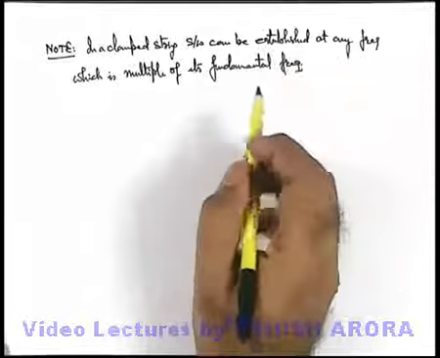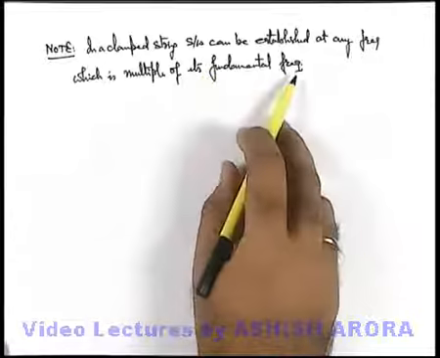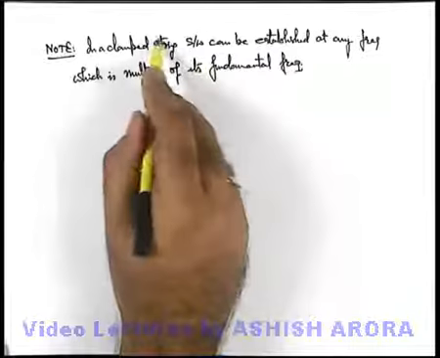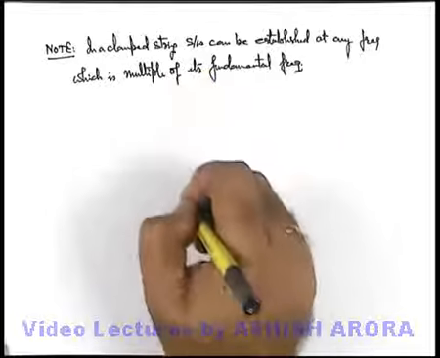If we supply energy at a frequency which is a multiple of the fundamental frequency of a clamped string, the particular harmonic or overtone will be induced in the string.